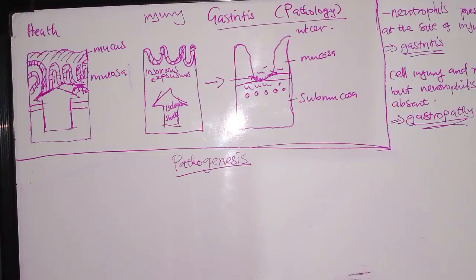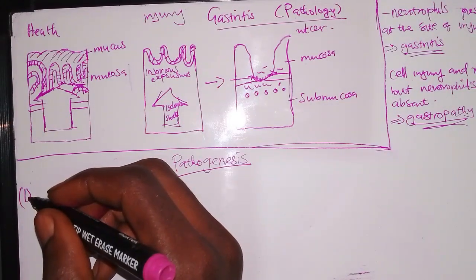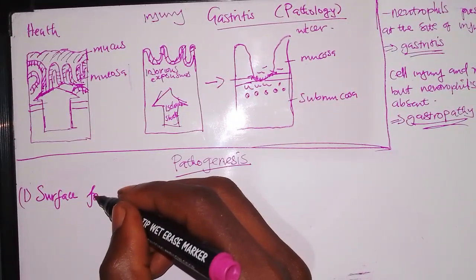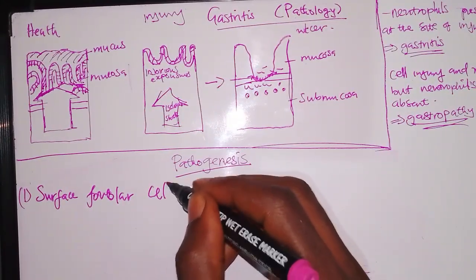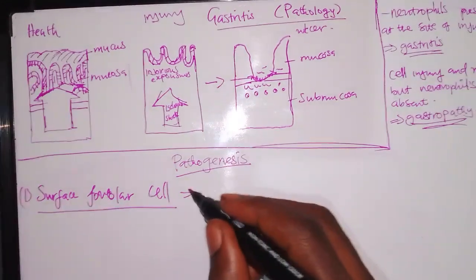So what are those protective mechanisms? The first protective mechanism is the cells known as the surface foveolar cells. What are the surface foveolar cells? These are basically the epithelial cells which line the stomach, and their function is to produce mucus.